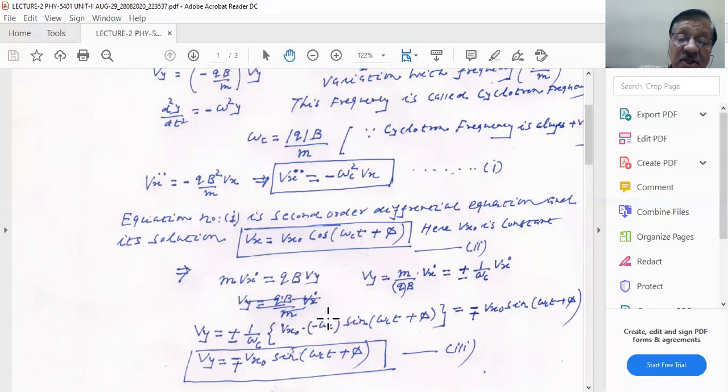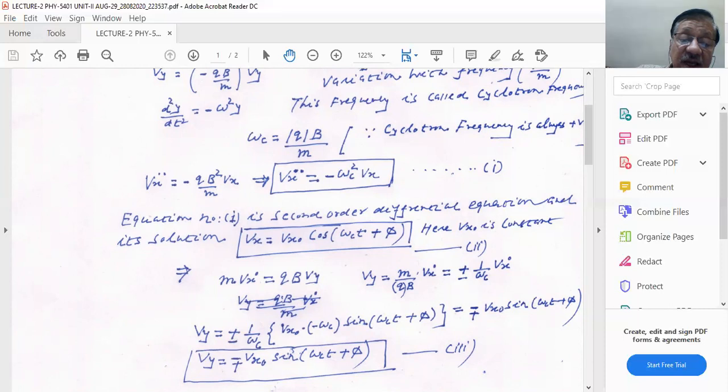The omega c in the numerator and the omega c in the denominator cancel each other. There is a minus sign, and if you have a positive ion, this positive charge combined with this negative gives you the minus sign. And if you have an electron, then this negative charge combined with this negative charge gives you positive.